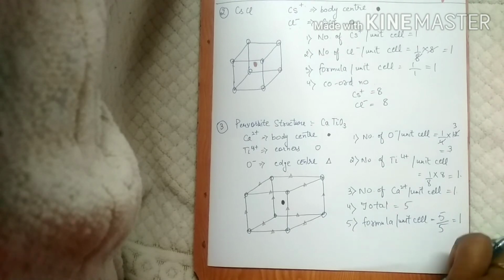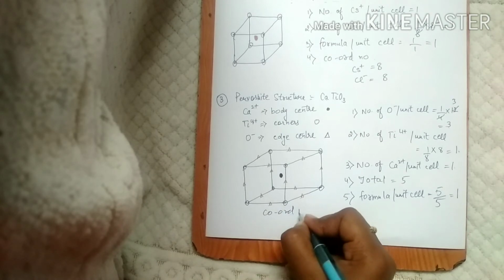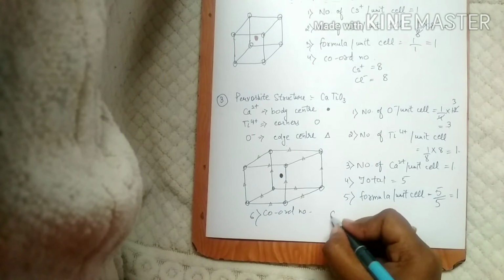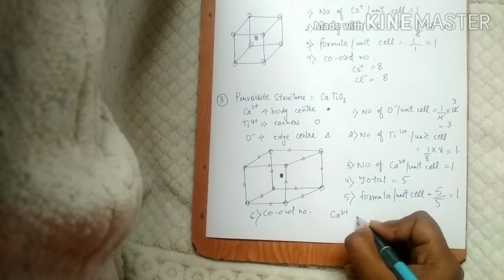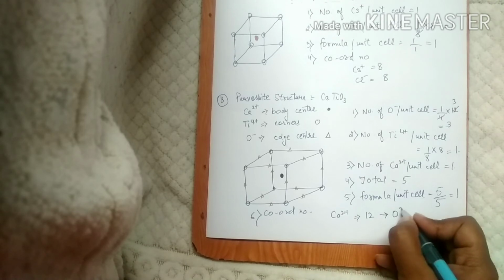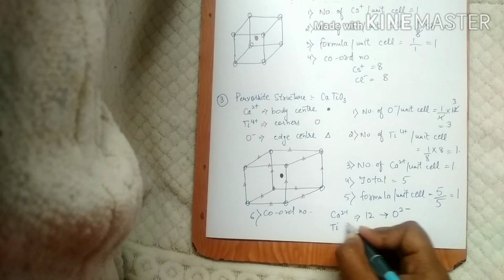Now the coordination number. The coordination number of Ca2+ is 12. It is surrounded by O2- ions. Next is your Ti4+.